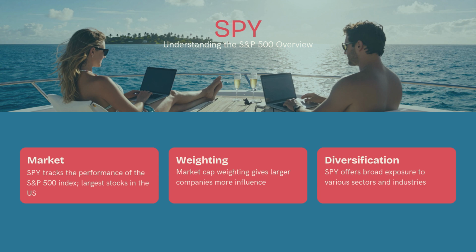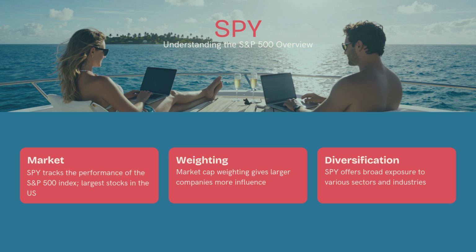But what the SPY is, it's the S&P 500. It's the biggest stocks in the United States. It's the index that is the most popular. It is market weighted, which means that the bigger companies have a bigger percentage of that pie and they have more influence on the price, and it provides diversification. So it grows across all market sectors.